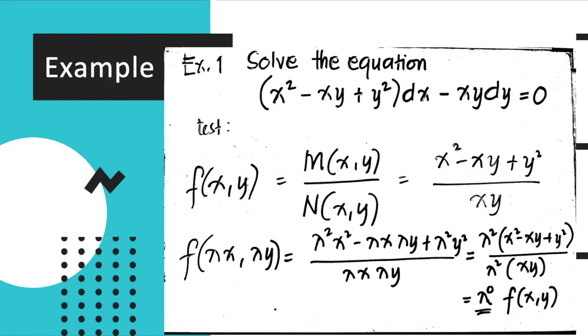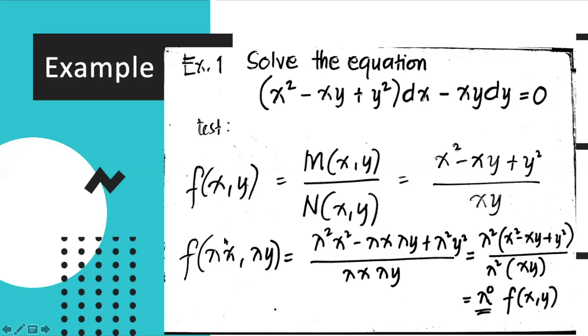Tapos, this is a function of y over x alone kapag na-prove natin na degree 0 siya. Okay, so copying M, which is this one, you put it in here. N is xy, so you may or may not put the negative sign there. Hindi naman natin tignan yung sign mamaya. So we are looking at the degree of the lambda. Okay? So ano yung ginagawa natin sa testing?